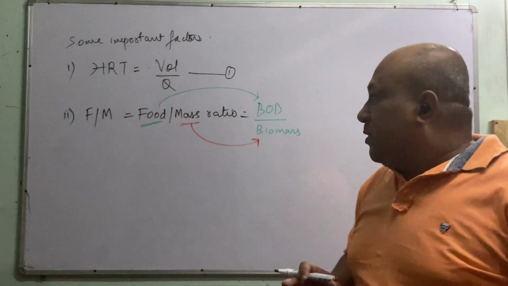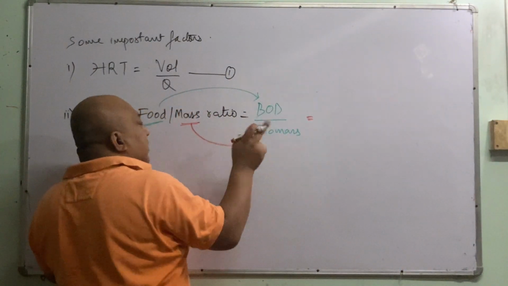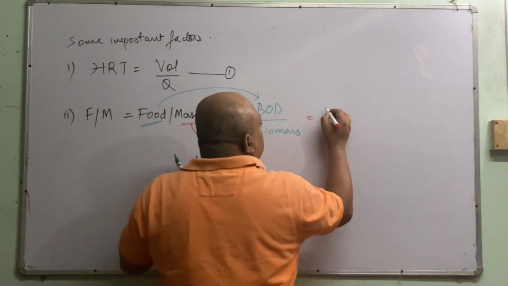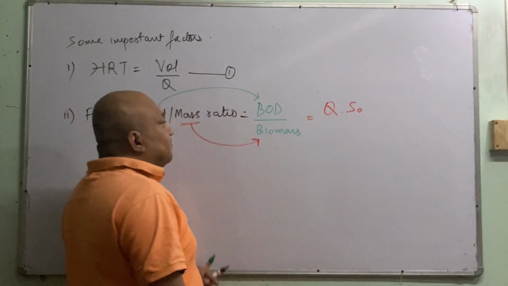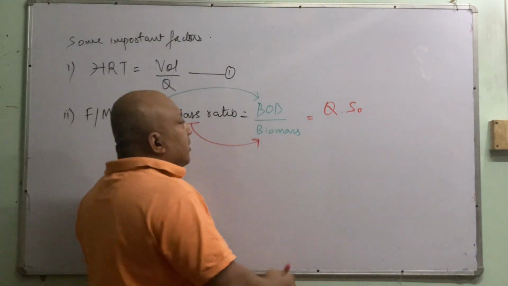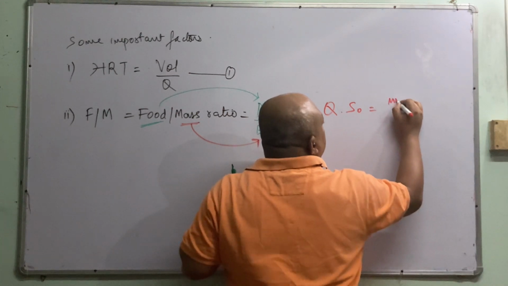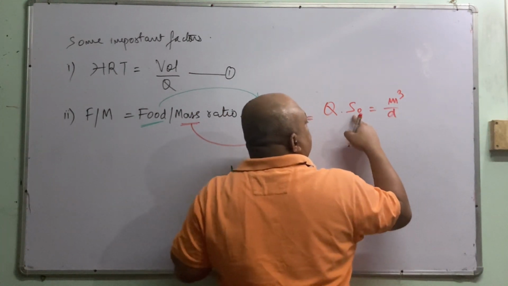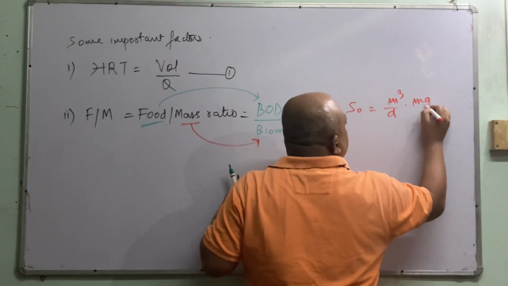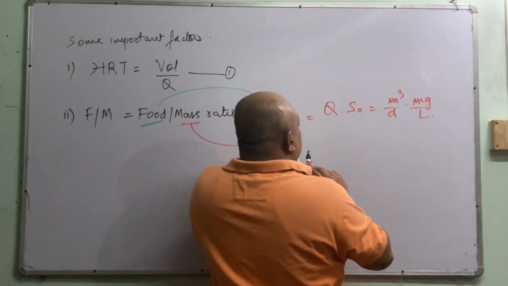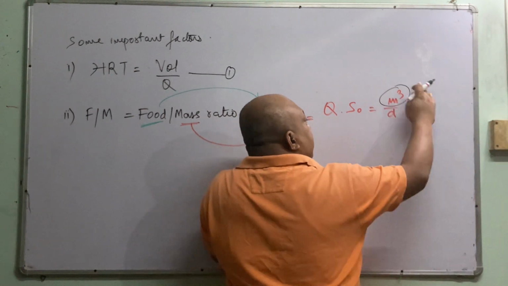That is very important. So this equation can be said as, what is the food available over there? Food available is Q into S naught, correct? Because Q is meter cube per day and S naught is milligram per liter. The meter cube and liter are water volume, so they can be cancelled.